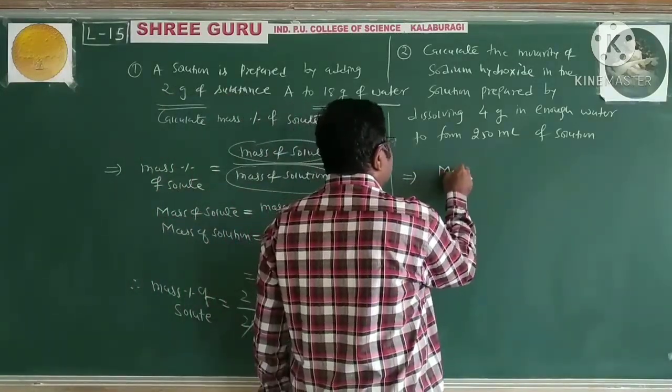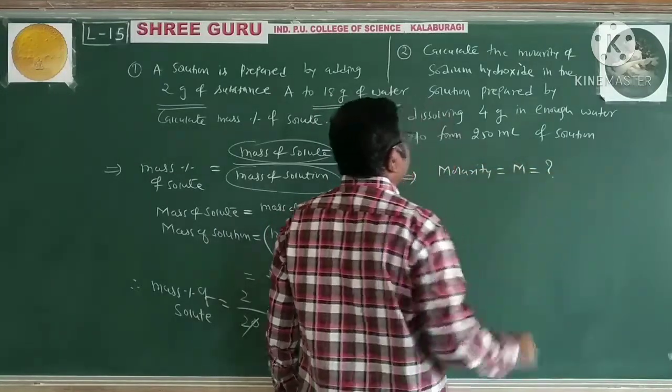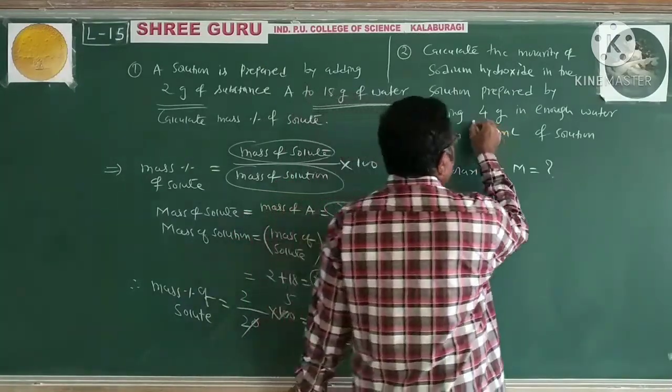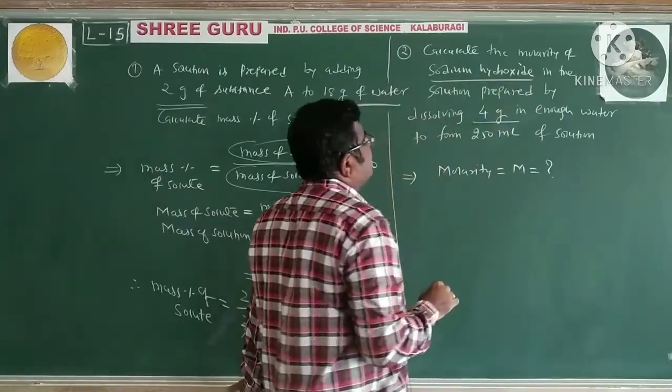So M, molarity, which is nothing but capital M, they have asked us to calculate. 4 gram of sodium hydroxide is dissolved.